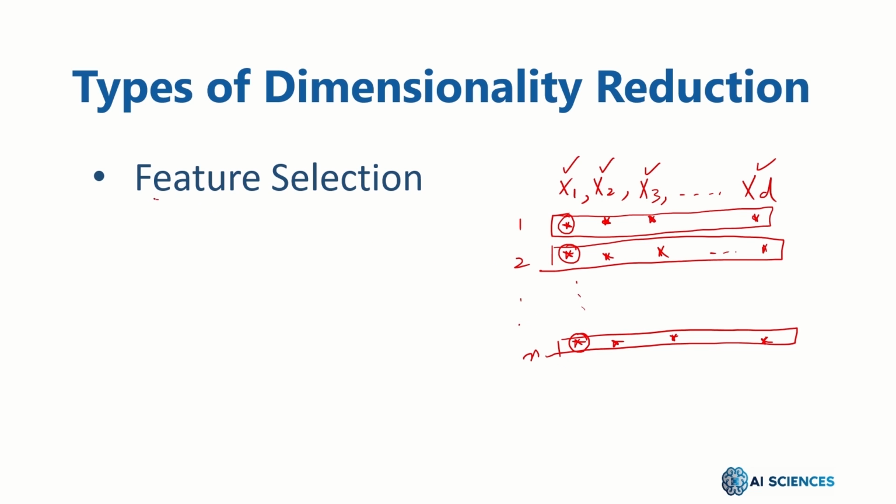Now, feature selection is a technique to somehow select a subset of the features from the available features, such that even after the subset selection, the new subset has almost the same information.